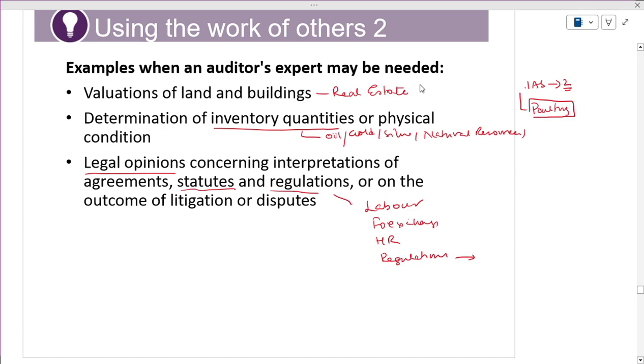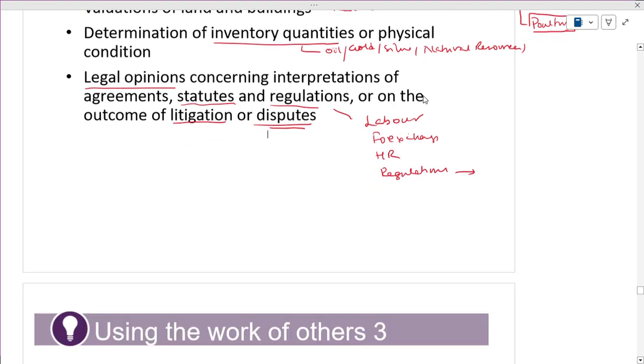Telecommunication has different regulations, automobile has different regulations, the medical industry and hospitals have different regulations. And with respect to any litigations, any disputes, this is the area where we need experts.